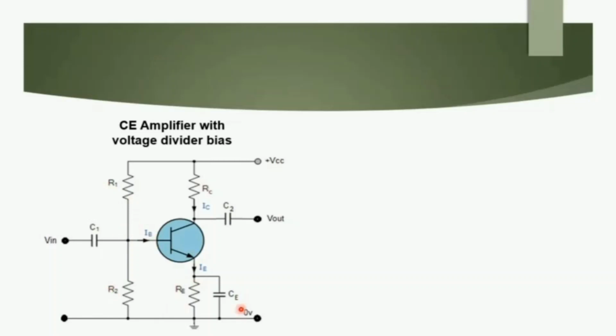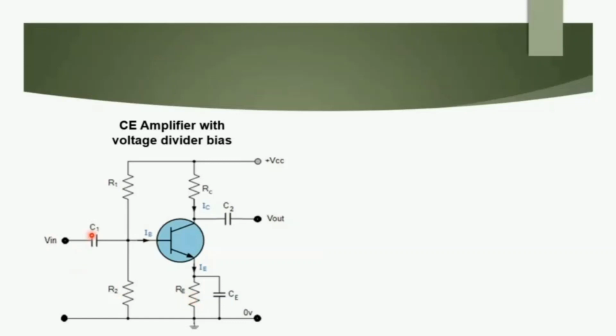Each component in this circuit has some significance. So let's recall it quickly. Here R1, R2, RC and RE forms a voltage divider bias circuit which is used to keep Q point in the center of active region on the load line for linear amplification.